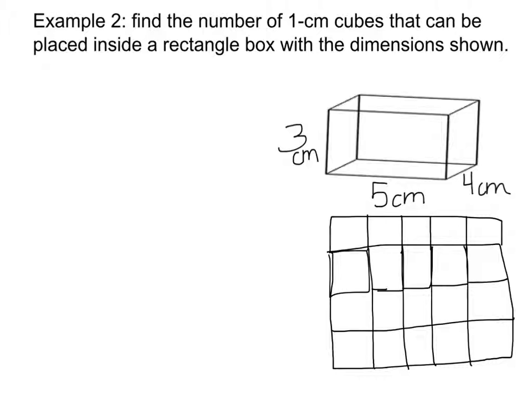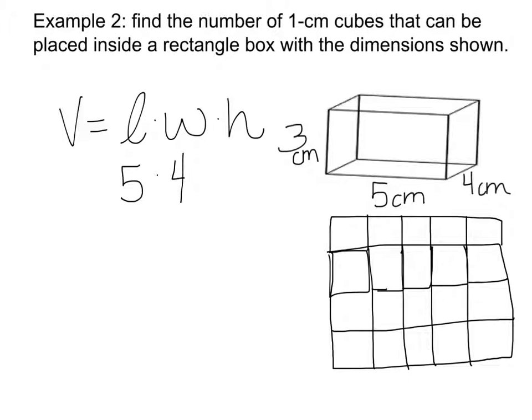To find how many 1 centimeter cubes will fit in this, we will need to find the volume of this cube. Volume is equal to length times width times height on a rectangular prism. So our length is 5, our width is 4, and our height of our prism is 3.